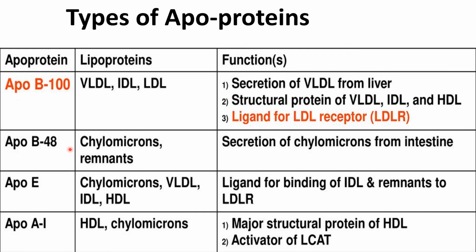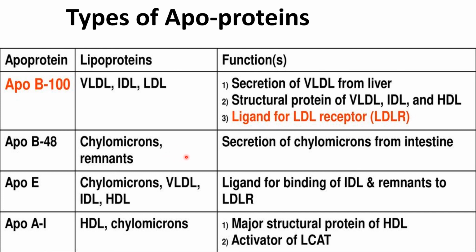Similarly, ApoB48 is a part of the chylomicron remnant. What is a chylomicron remnant? Dietary lipids, when they start their journey, are in the form of chylomicron. While going through circulation, the TAG of that chylomicron is targeted by lipoprotein lipase.